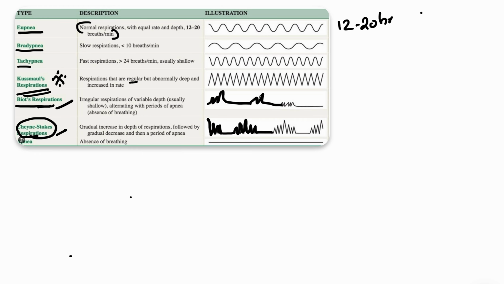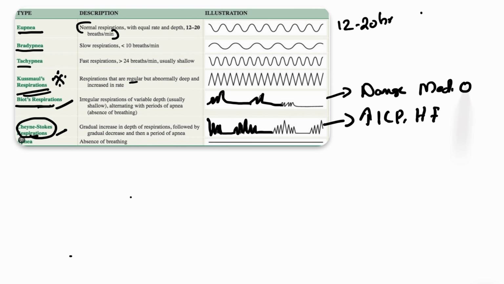Remember, Cheyne-Stokes respiration looks like a thorn, then apnea, thorn, apnea. That is the difference between Cheyne-Stokes and Biot's respiration. Cheyne-Stokes respiration is most commonly seen in increased ICP or heart failure, whereas Biot respiration is seen in conditions related to damage to the medulla oblongata.